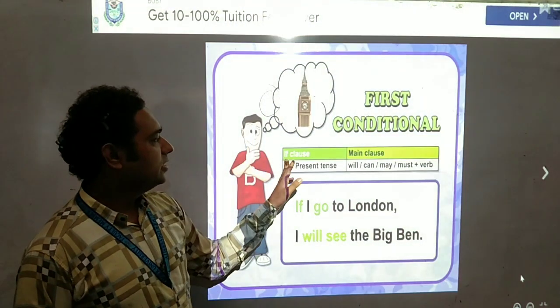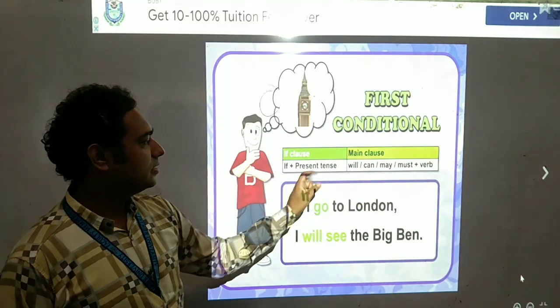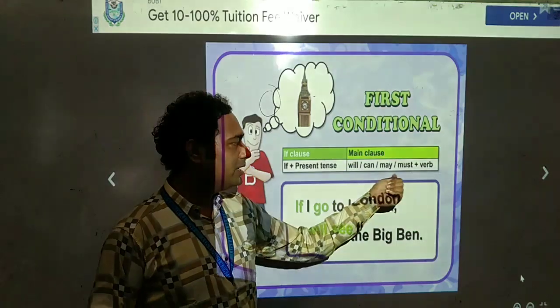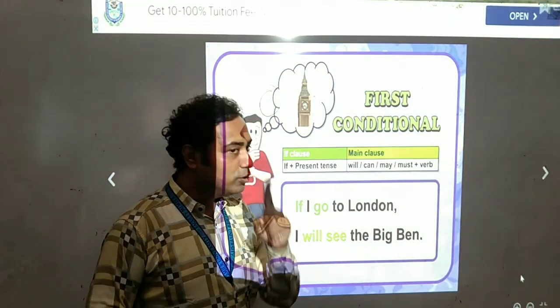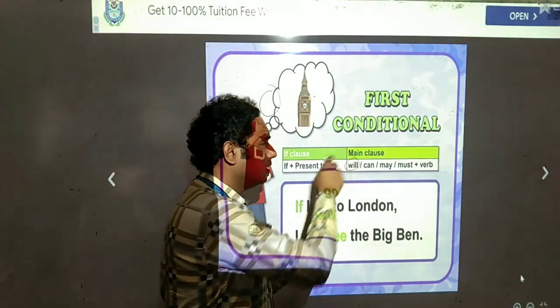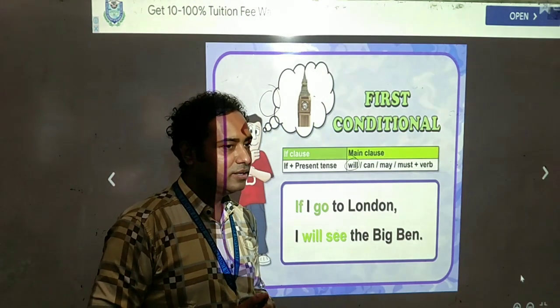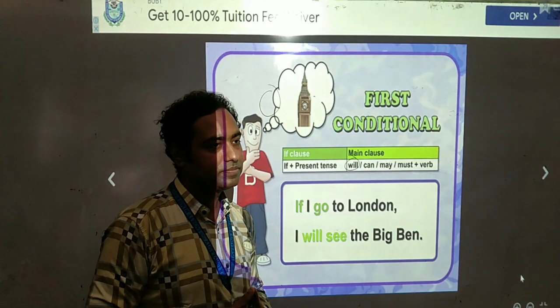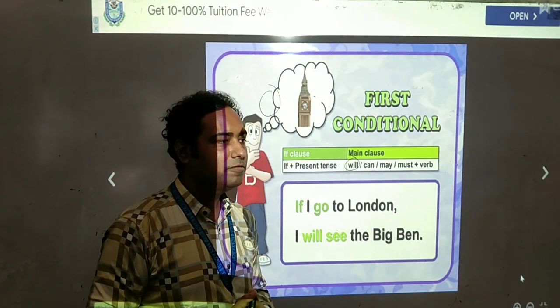First condition. If clause plus main clause, if plus present tense, and it will take will, can, may, must. But you only know that you will, right? But it also can take can, may, must. And it will be first condition.